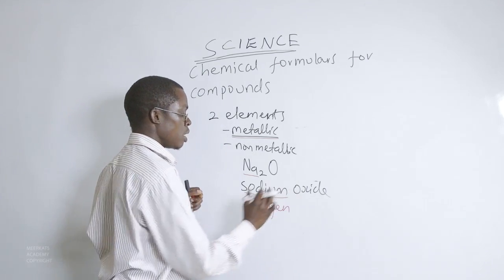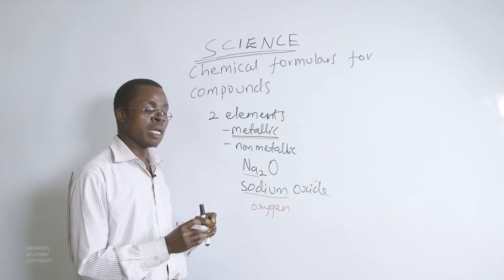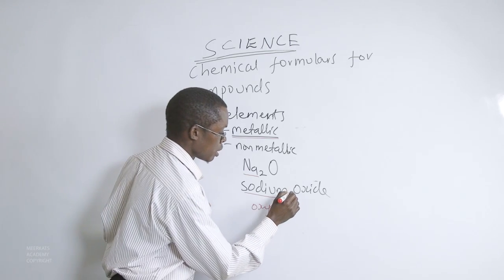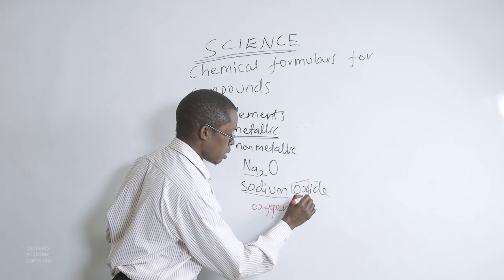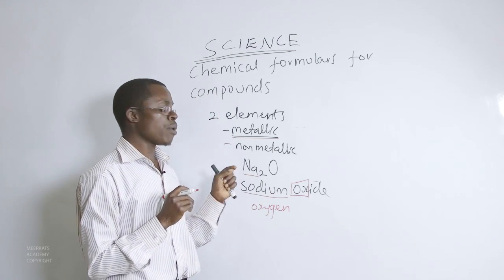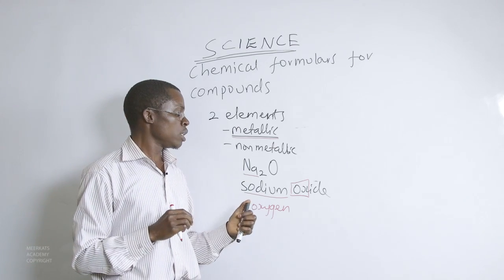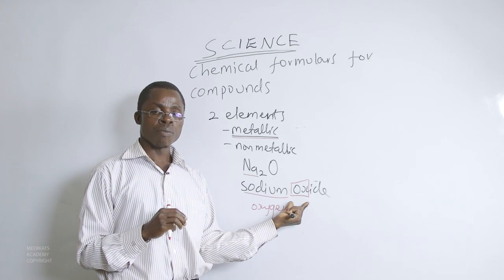But as you can see from the name, we are not seeing oxygen in full. But we can see part of oxygen, which is this part, ox. So in naming compounds that have only 2 elements, the second element will only take part of the name.